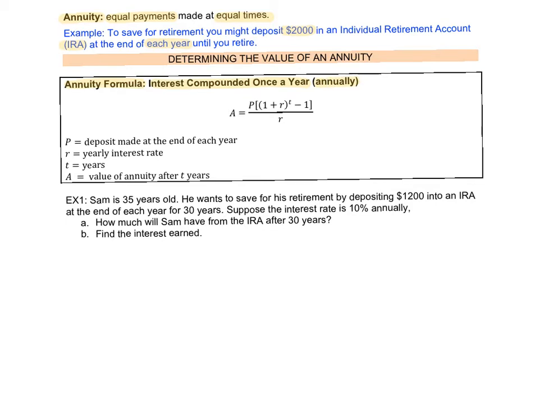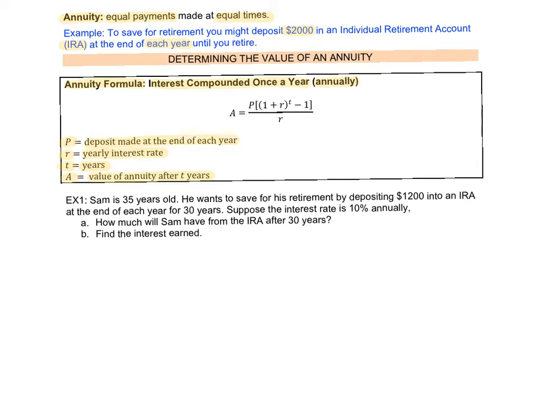So in this case, the formula is A equal to P times (1 plus R)^T minus 1, over R. So what are all those variables? P is the deposit that you make at the end of each year, so the money that you put in every year. R is your yearly interest rate. T is the amount of years that you're going to have the money in your account. And A is going to be the value of your annuity after the T years.